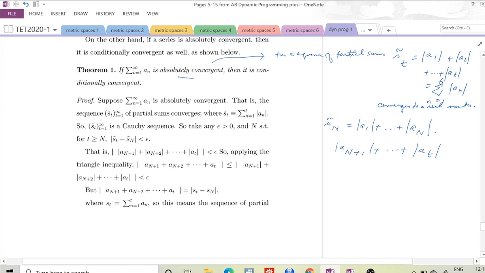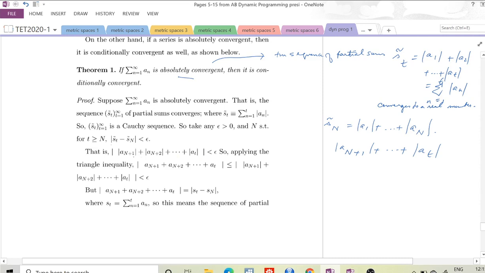For a Cauchy sequence, I can find for the sequence of partial terms a capital N high enough that for every pair capital N and t beyond capital N, the difference in the partial sums is negligible, less than epsilon, right? So that difference, because these are partial sums, is exactly the absolute of this sum.